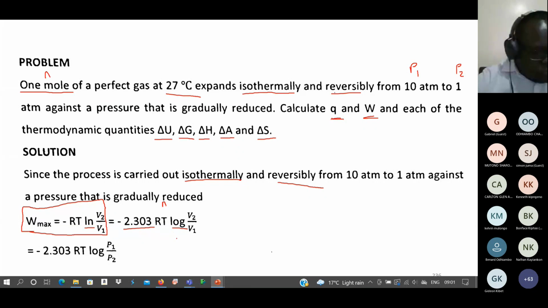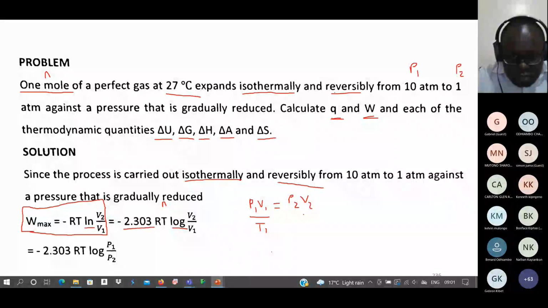So we remember the expression P1 V1 over T1 equals P2 V2 over T2. But since this process is carried out isothermally, T1 equals T2, so T1 cancels out with T2.